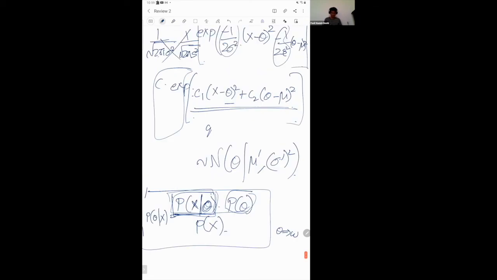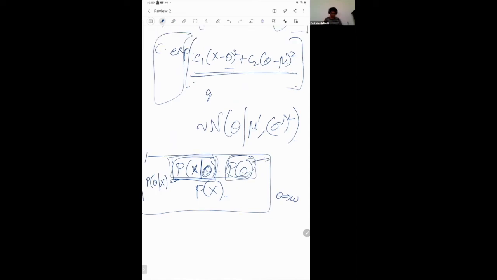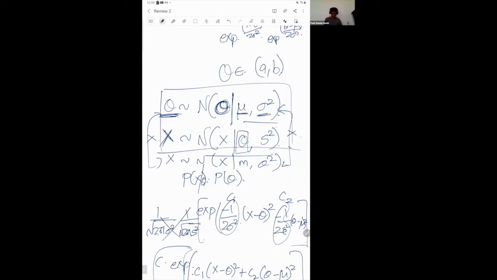If I'm relating it to the linear regression case, then theta would be a weight vector, and now I'm assuming a distribution over the weights. So this and this are two different distributions, and this is my distribution on x, where theta is the parameter, theta is the mean, and this is my prior on my parameter.